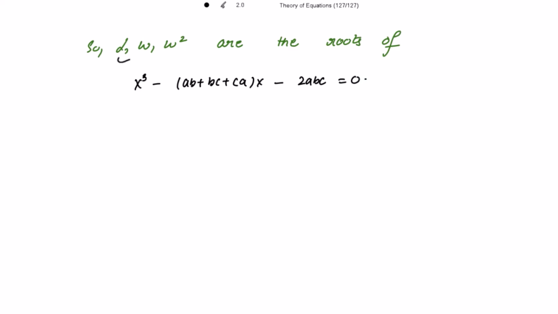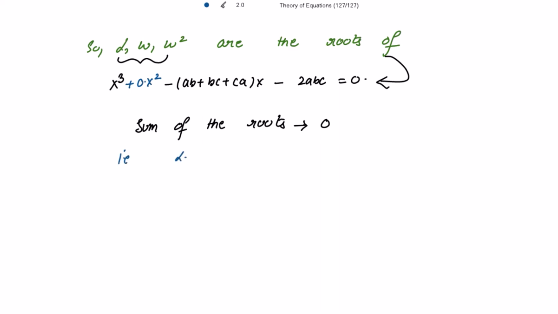Because these three are the roots of this cubic equation, what is the sum of the roots? The sum of the roots is 0, because the coefficient of x square is 0. There is no term with x square. So the sum of the roots is 0, that is alpha plus omega plus omega square equal to 0.